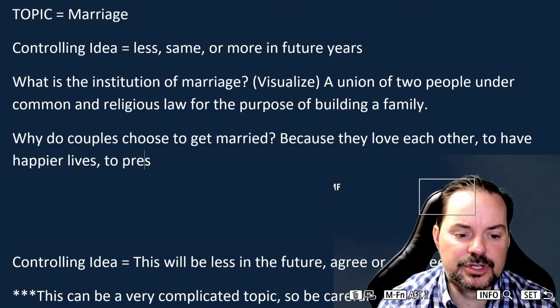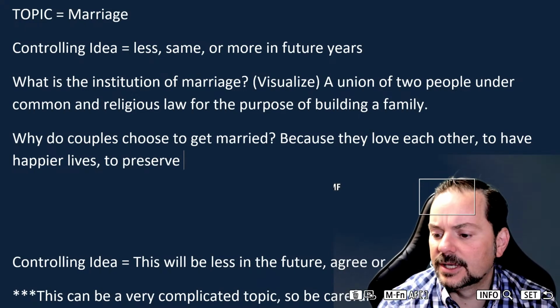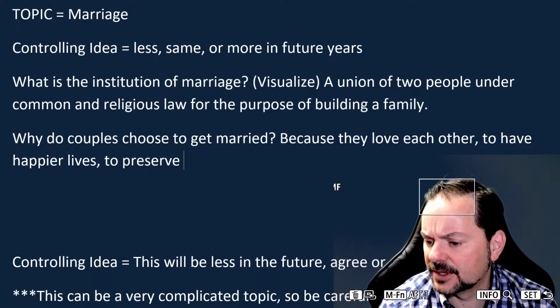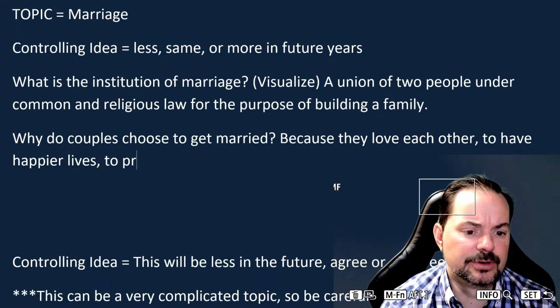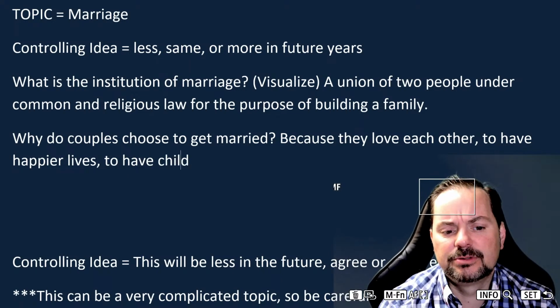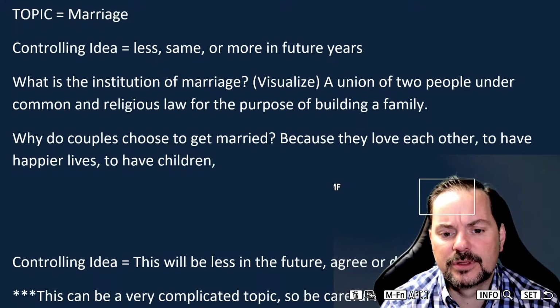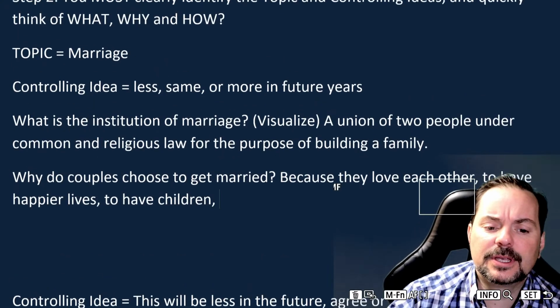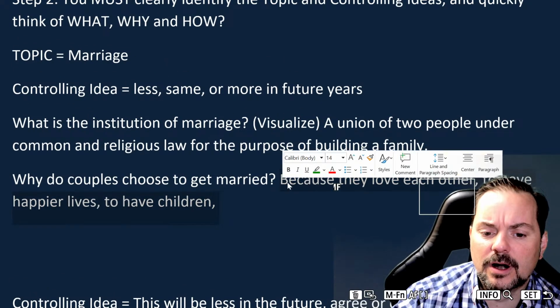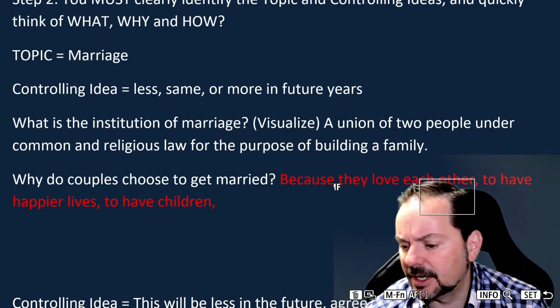To preserve their generation. I don't know about preserving their generation, to have children. Do we need to be married to have children? I don't think so. There's no law for that, right? So I don't think these are very good so far.